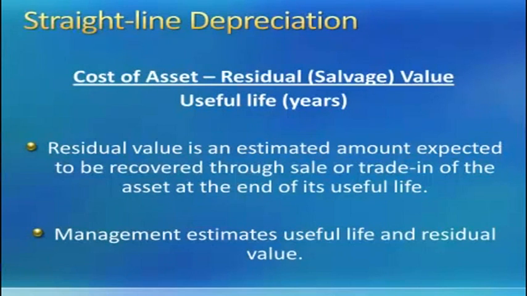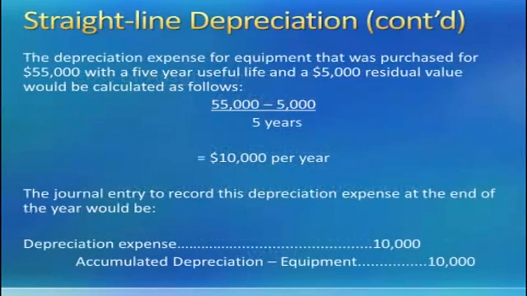The cost of the asset is not an estimate, it's based on the actual amount paid for the asset. We have an example. We want to calculate the depreciation expense for an asset that was purchased for $55,000 with a 5-year useful life and a $5,000 residual value.